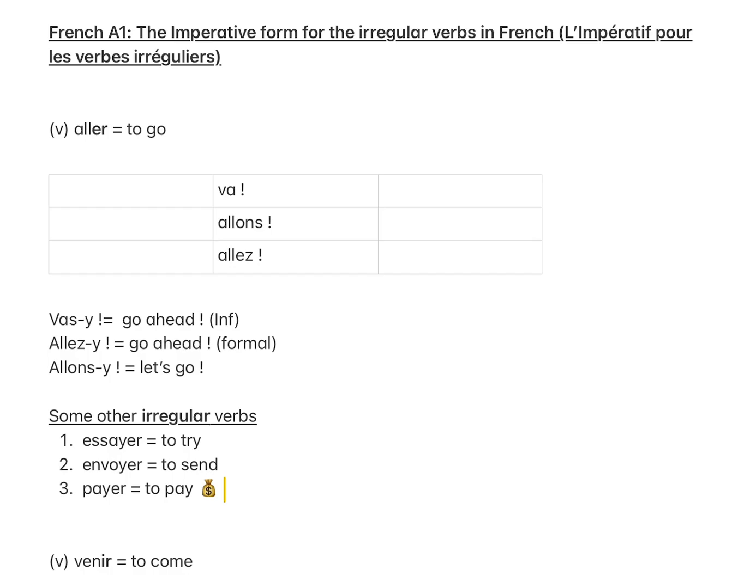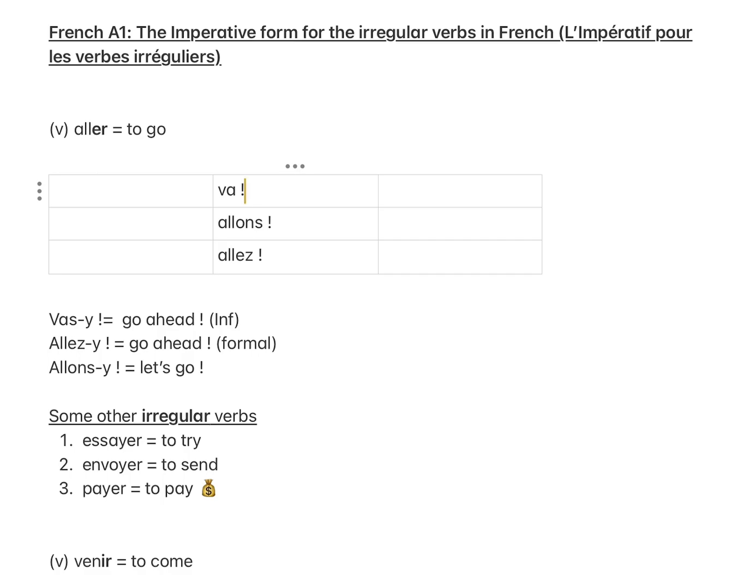That is, the first step was to remove the subject pronouns. The second step was to remove the S in the tu form, despite the fact that the ER verb is irregular.